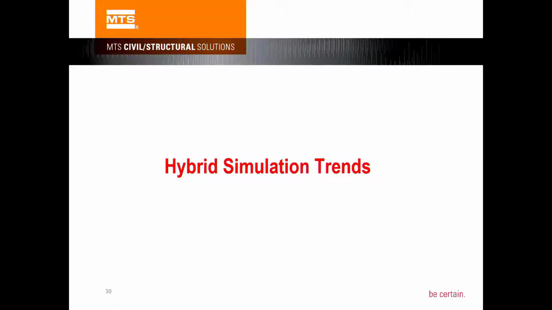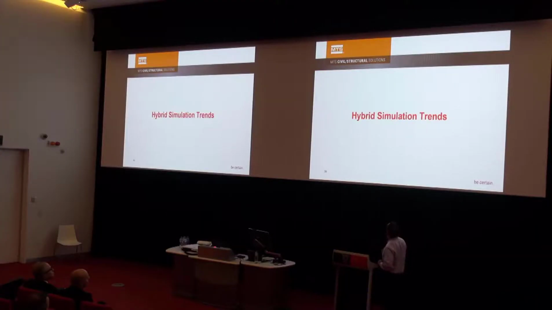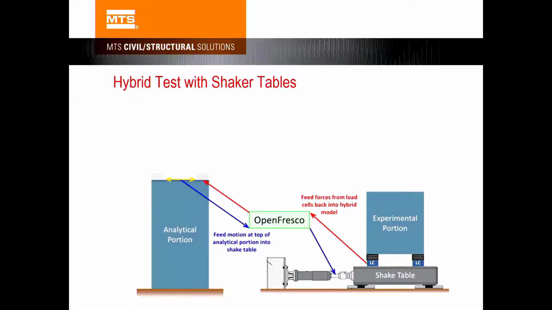So next, I'm going to talk about the hybrid simulation trend. We see a clear trend is to couple the shaker table test and use the shaker table to do the hybrid simulation test.